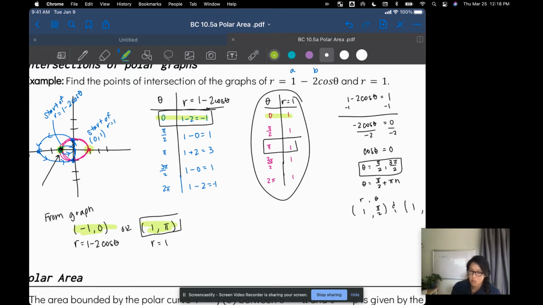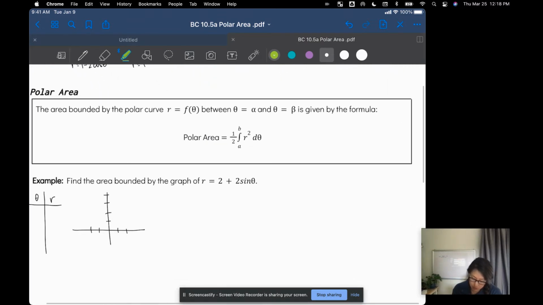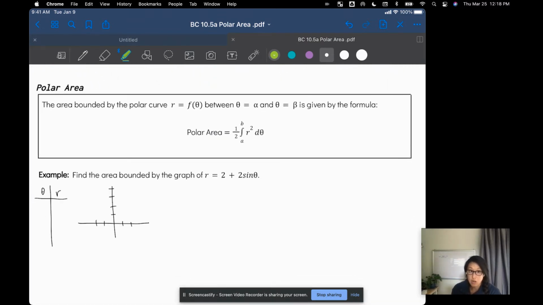Okay. All right. So the next part is to find the area under a polar curve. We do that by taking 1/2 of the integral from a to b of r squared d theta.